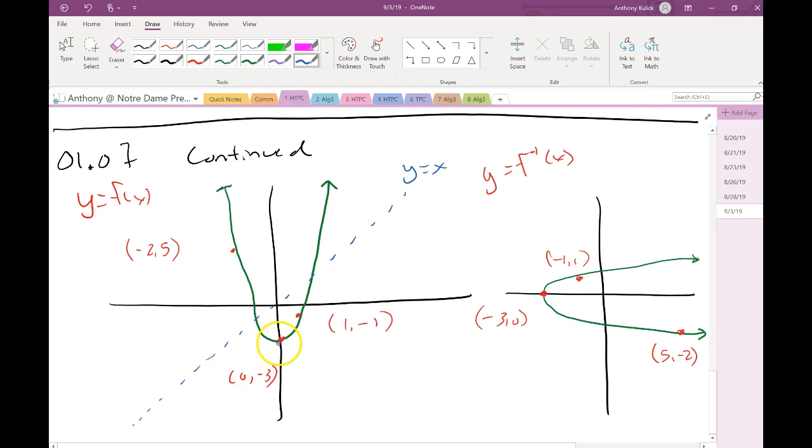If I reflect across this line, 0, negative 3 goes to negative 3, 0. 1, negative 1 goes to negative 1, 1. And then negative 2, 5 goes to 5, negative 2. Can everybody see visually what's happening here?